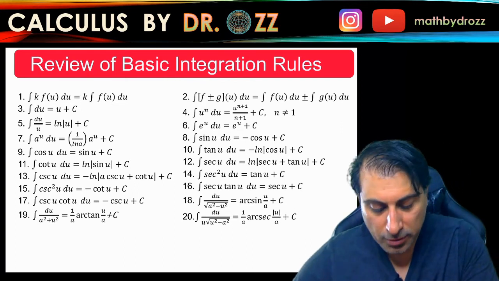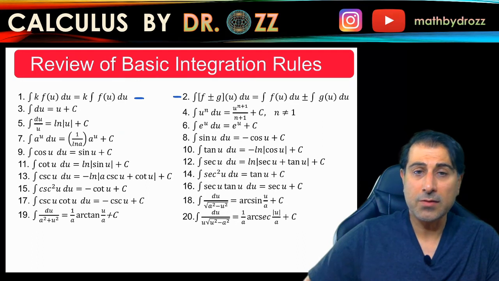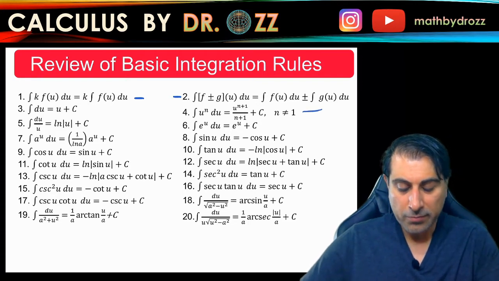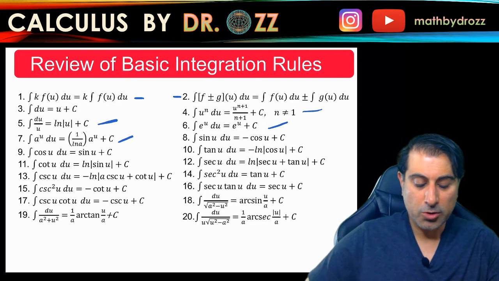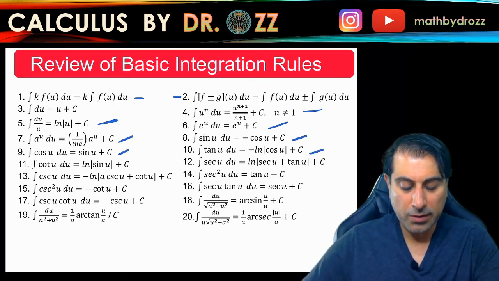So these two are just generic integration rules: multiplication by a constant, and then sum or difference of functions integrated. And you have the power rule for integration, the log rule, the exponential, and the other exponential, and you have all the basic trig functions integrated here, secant and cosecant.